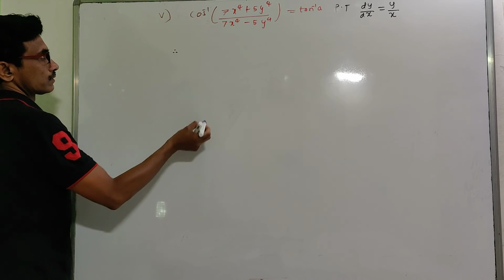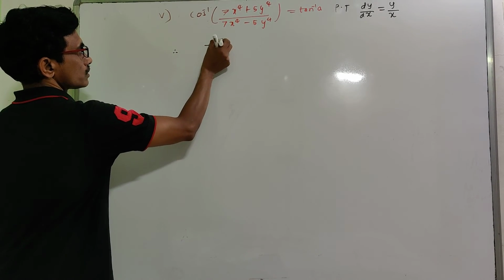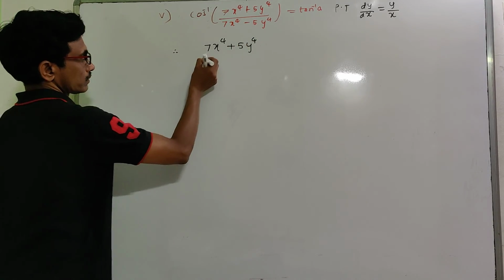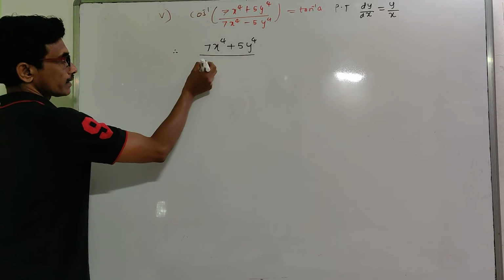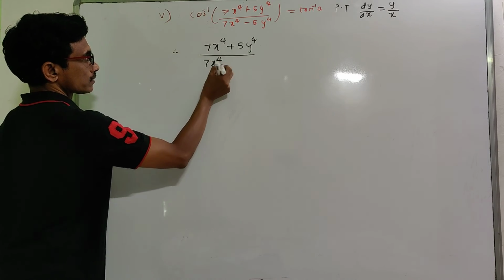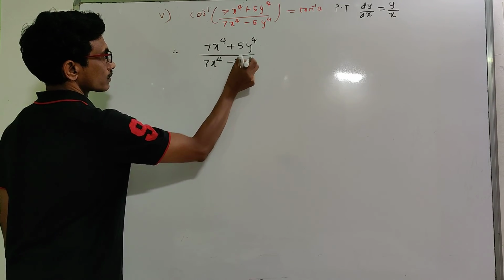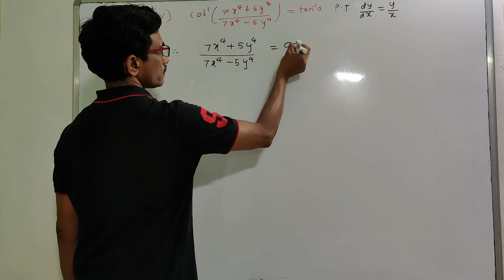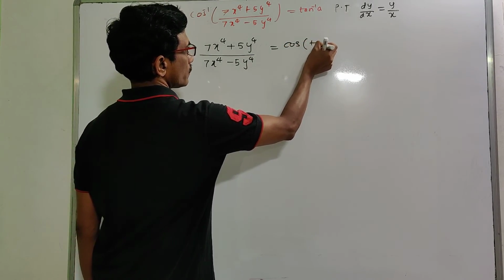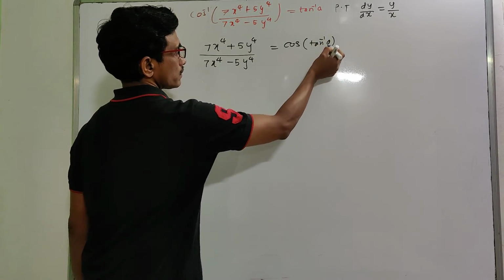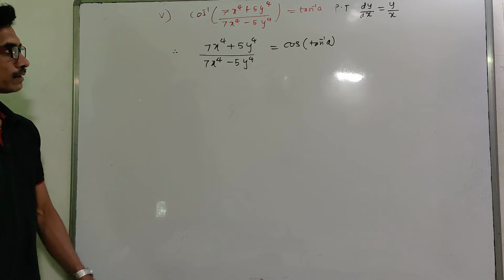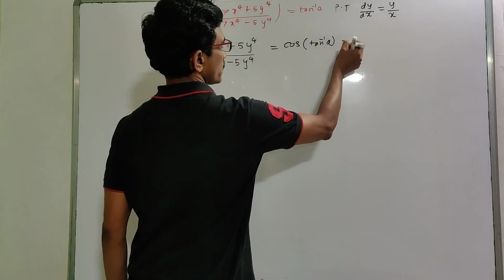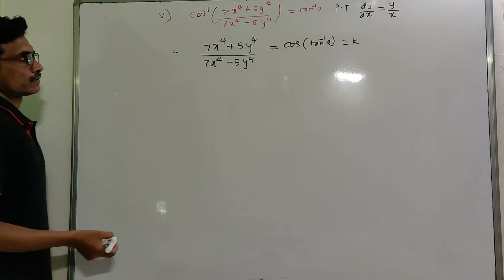Therefore (7x to the power 4 plus 5y to the power 4) upon (7x to the power 4 minus 5y to the power 4) is equal to cos of tan inverse of A. Cos of tan inverse of A is independent of variables, so it is a constant k.